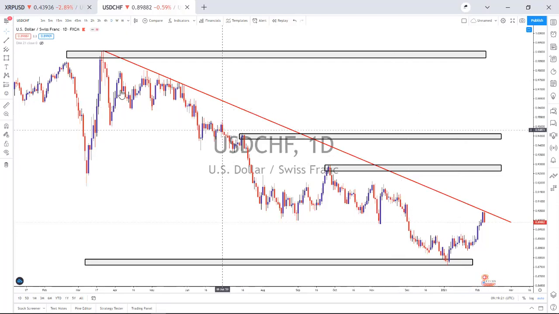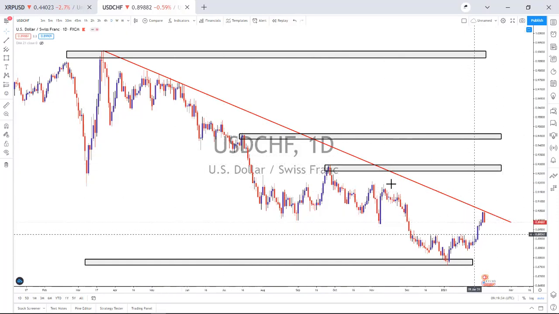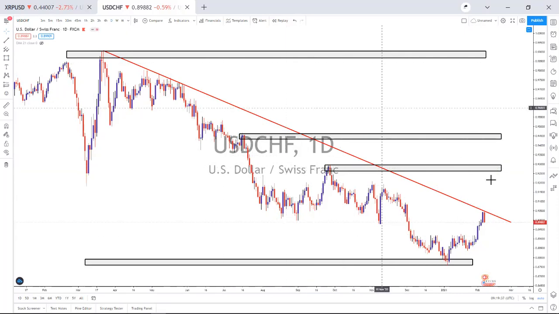You can see prices haven't gotten to these levels in a very long time. On the other hand, when we move to the smaller time frames, I'll explain why support and resistance are quite different from demand and supply.